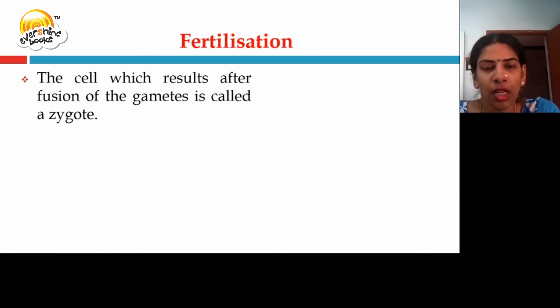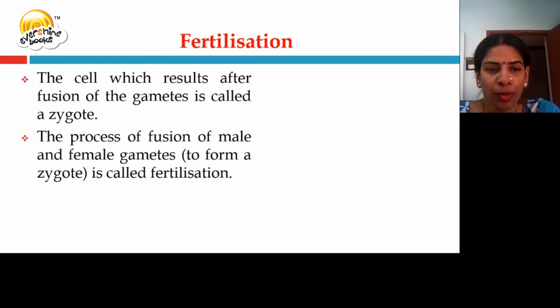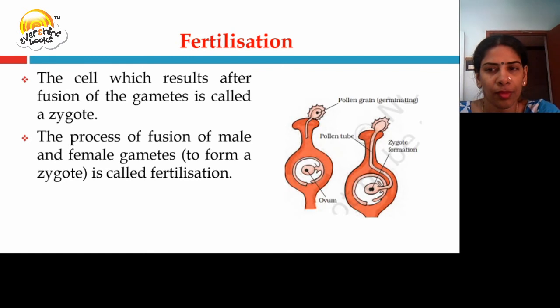Fertilization. The cell which results after fusion of gametes, we'll call a zygote. The process of fusion of male and female gametes is called fertilization. When the pollen grain reaches the stigma, it begins to germinate.